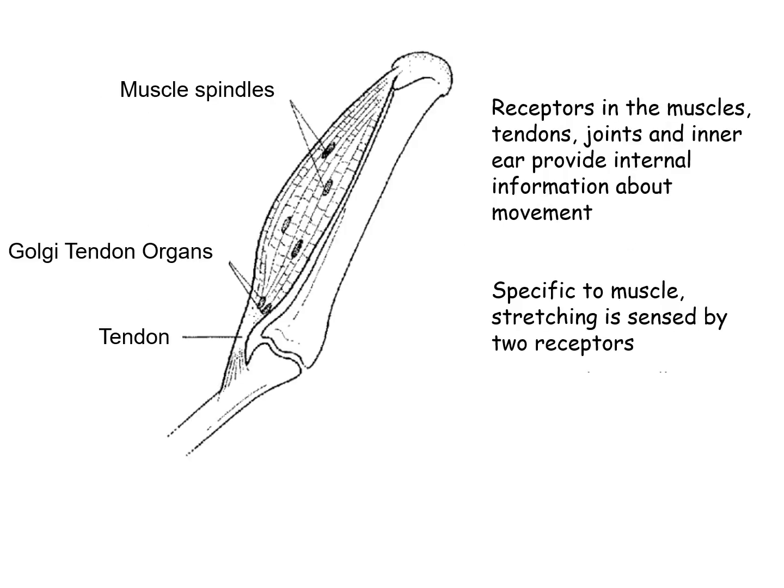The big ones are muscle spindles, Golgi tendon organs, and tendons. Our Golgi tendon organs and muscle spindles detect the tension at our tendons and within our muscles to determine how far stretched or contracted a muscle may be.